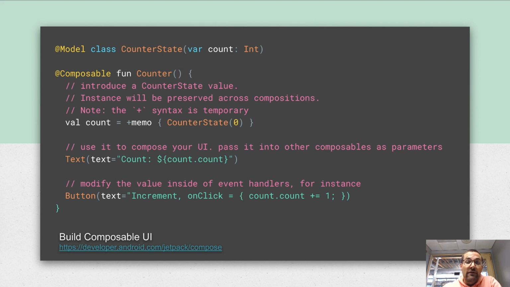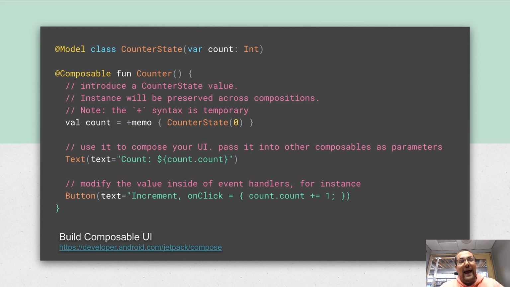We can define functions that essentially return unit, and annotate them with Composable. So these composable functions can then be generated into what we see on the screen. In this case, this counter composable function will render out a text and a button to the screen. We can also add state to this with this plus memo function, which will instantiate an instance of CounterState in this example to represent the state of this composable.